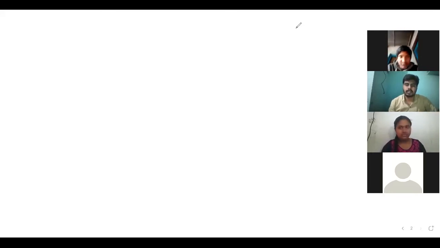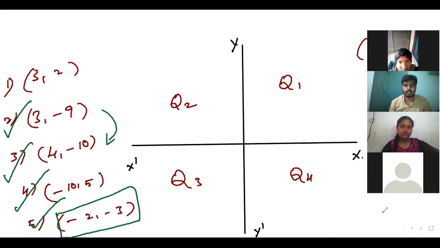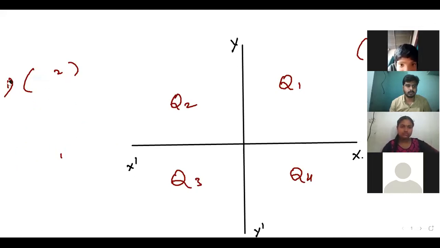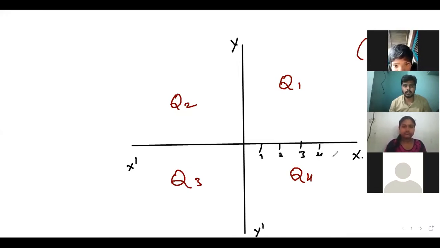This chapter is very important, which is useful in the next class also, I mean 10th class also. Representation of a point is very important. Suppose you take here 1, 2, 3, 4, 5, and so on.